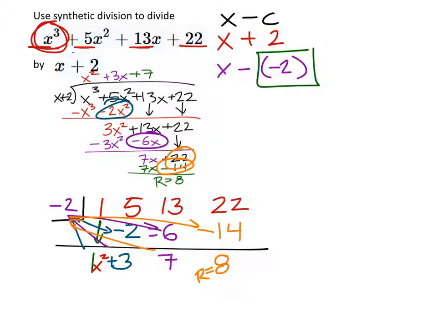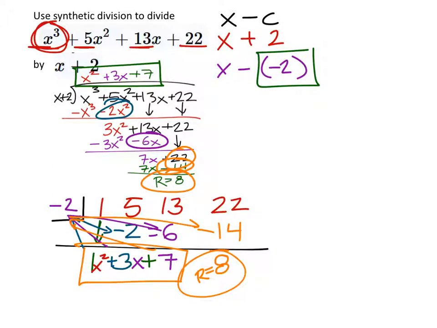The next term down in degree would be just an x. And then that's a positive 7 right there, which was shown up here. Okay? And what was our remainder? Yeah, sure enough, it was 8 as well. Okay? So we have our quotient right here with our remainder. Done.